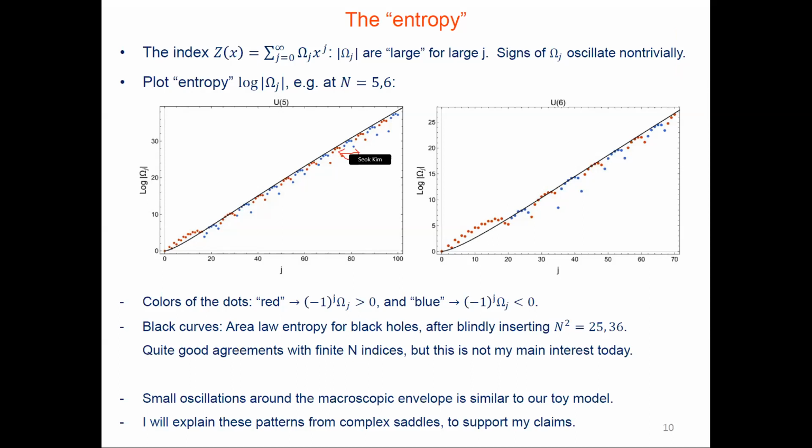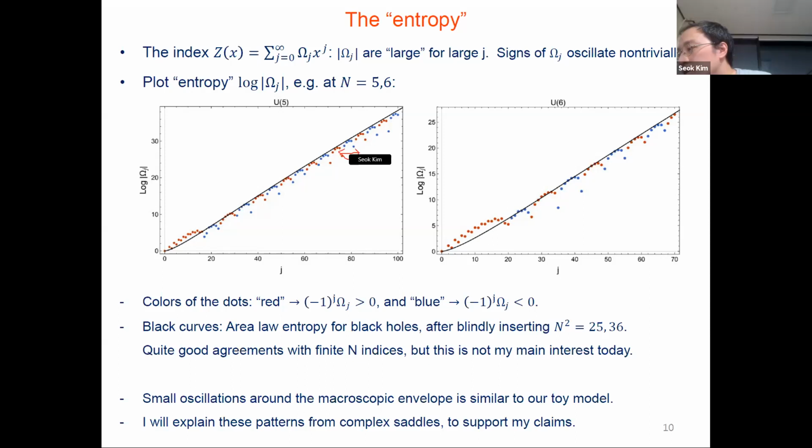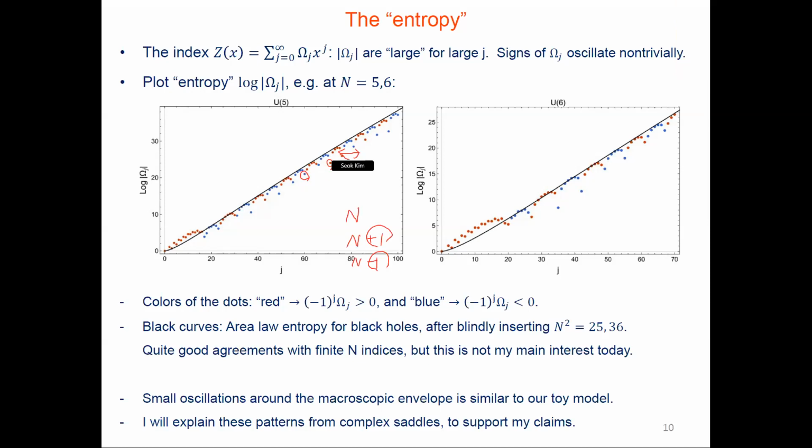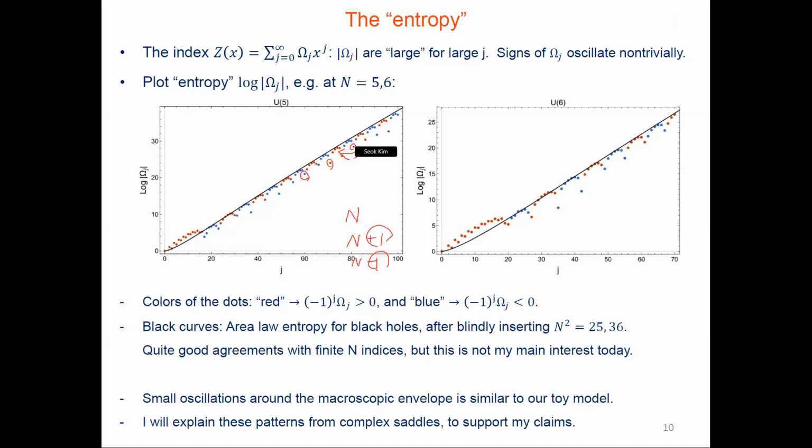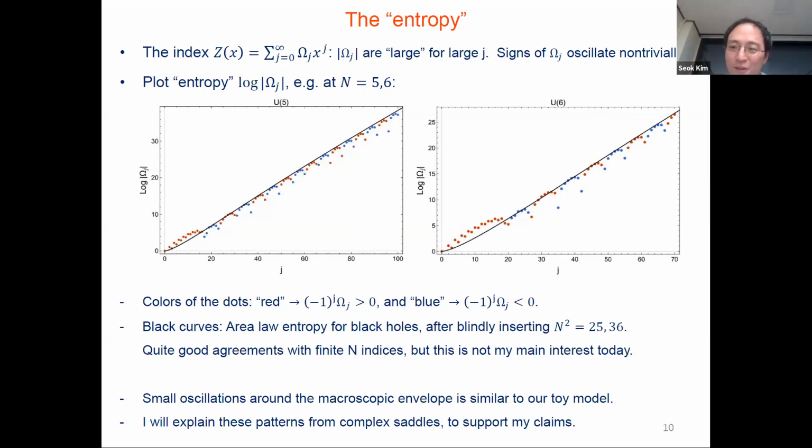That's roughly N, or N plus 1 or N minus 1, depending on which colors you assume. Okay, so it's linear in N. Yes, if N equal to 5 is a large number. It's curious numerology, but I really failed to interpret it.